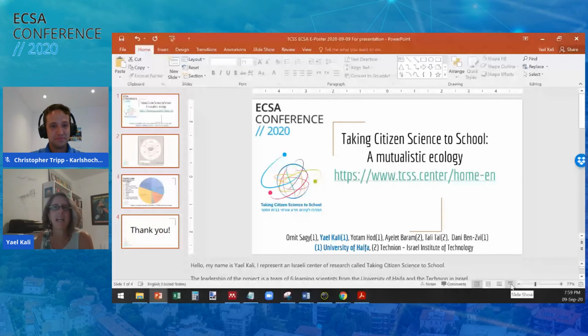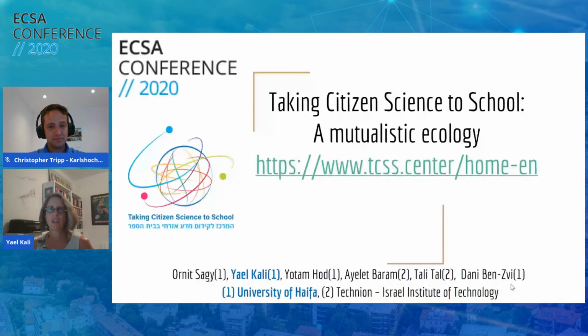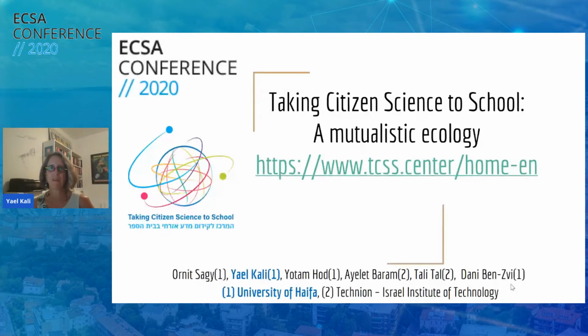So my name is Yael Kali, and I represent an Israeli center of research called Taking Citizen Science to School. The leadership of the project is a team of 6 learning scientists from the University of Haifa and the Technion in Israel. When we launched our center 3 years ago, we invited scientists and school practitioners to join forces in co-designing, implementing, and studying the notion of school participation in citizen science.